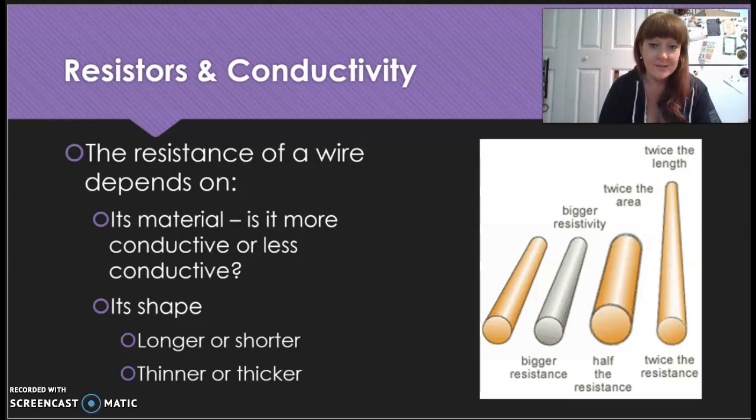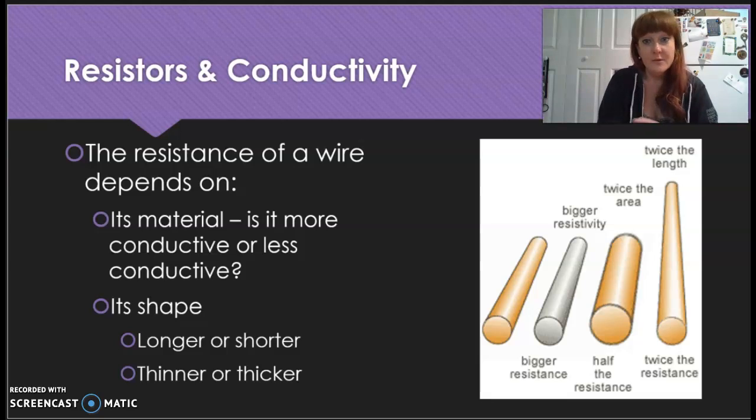You can think of this like the electrons jumping from atom to atom in our circuit. It's kind of like cars driving on a highway. If you have a wide highway with lots of space for the electrons to move through, so a thicker wire, it's going to be easier for electricity to flow. Think about power lines. Most power lines are much thicker than the wiring in your house, and that's because they have a lower resistance.